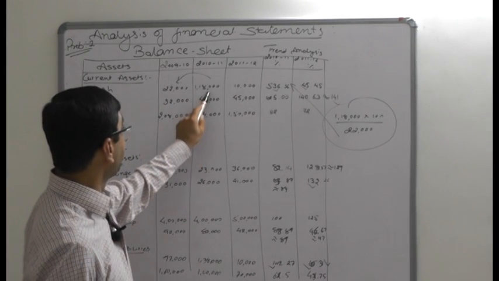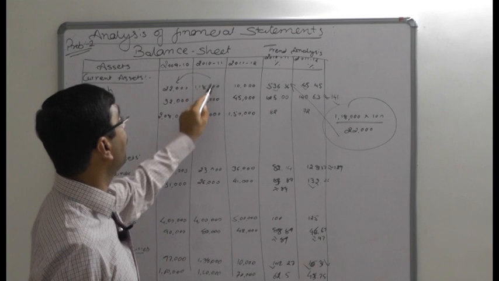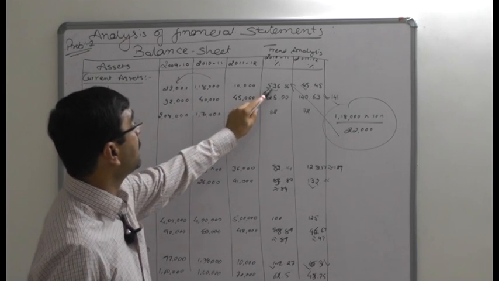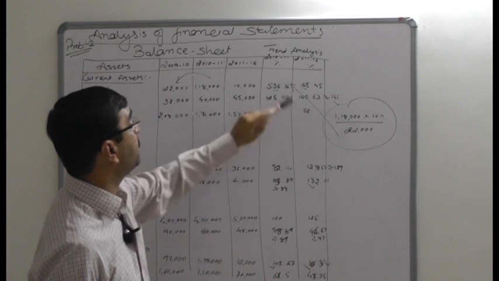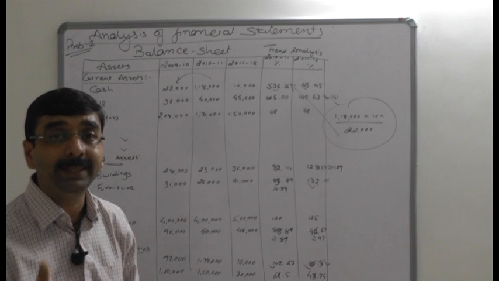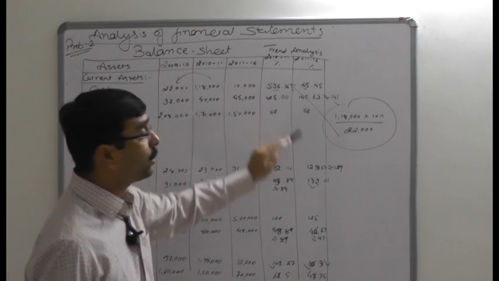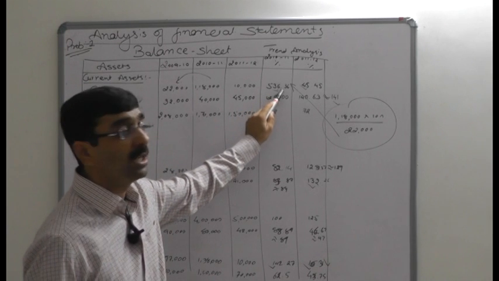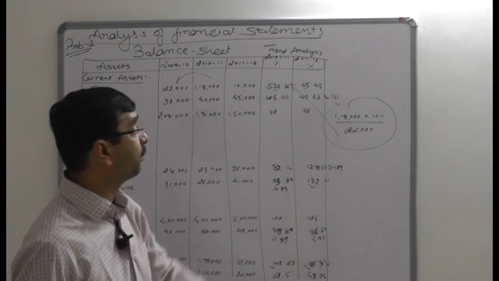It means that the 2010-11 closing cash balance has increased by 536.36% as compared to the base year 2009-10. This is the change of the current year. So if the base year is 100, this year would be 536.36%.